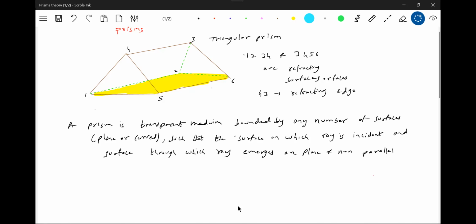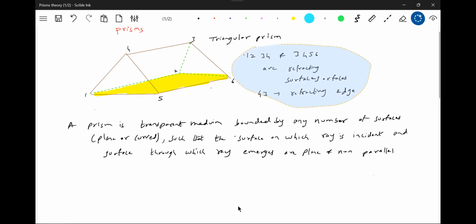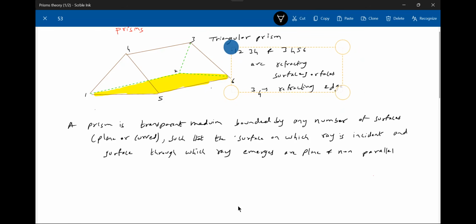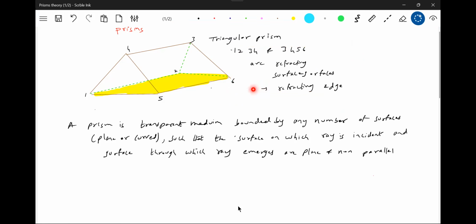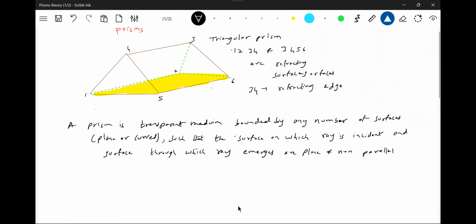Okay, fine. So this is the basic idea of the prism. So what do you mean? I wrote something here.